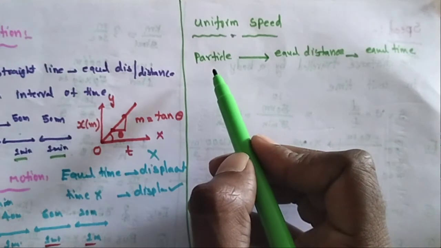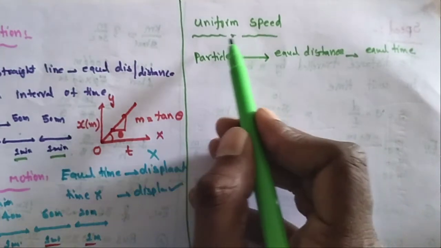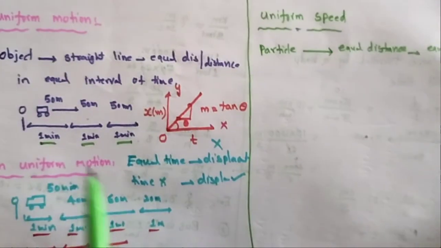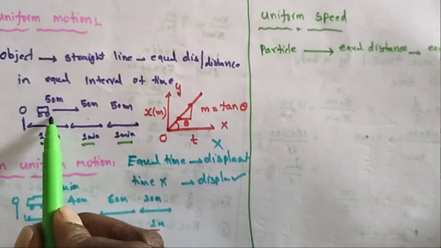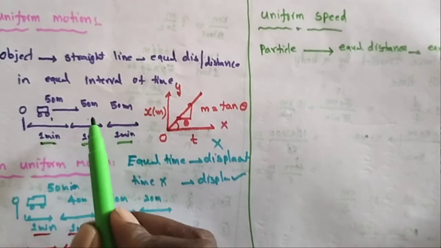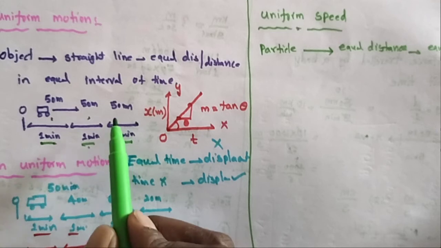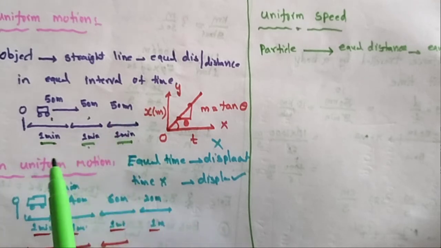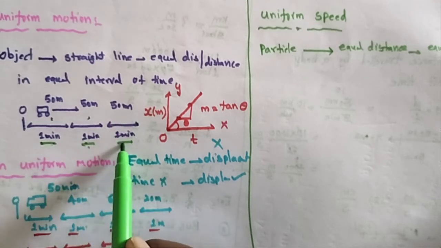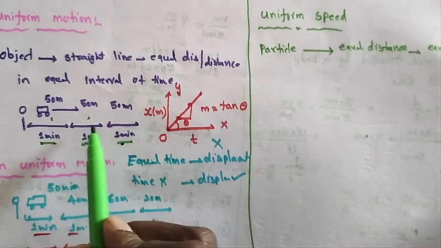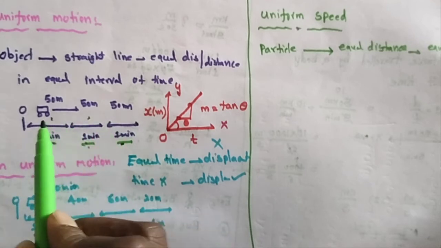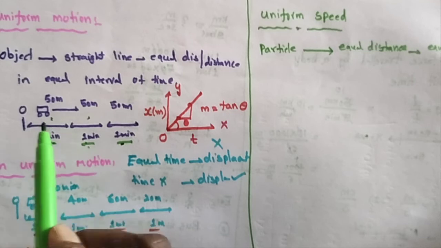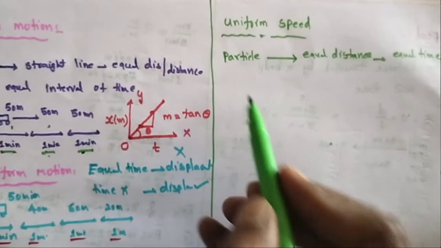Then the particle is moving with uniform speed. In the first case, 50 meters every 1 minute, so in equal intervals of time the bus moves equal distances. What is the speed of the bus?